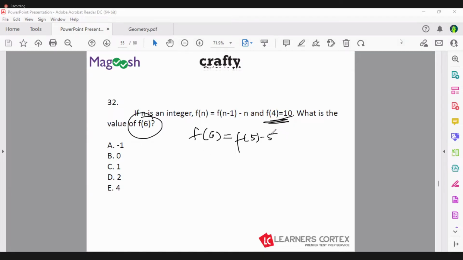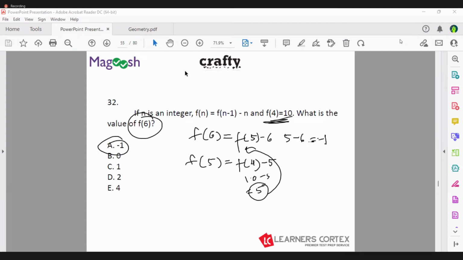And f of 5 will be f of 4 minus 5, so f of 4 is 10. 10 minus 5 would be 5. You can substitute this value here. This becomes 5 minus 6, or minus 1. So minus 1 would be the answer.